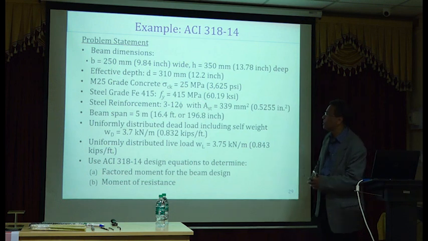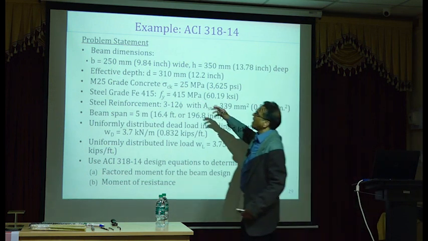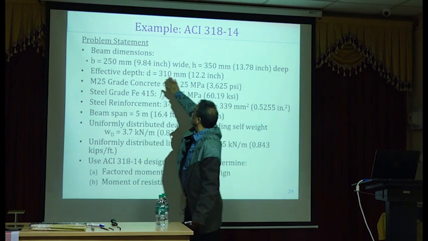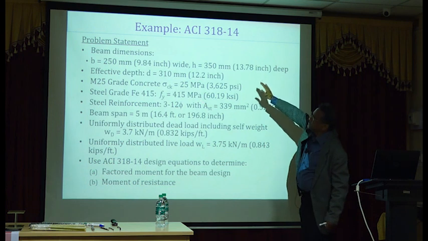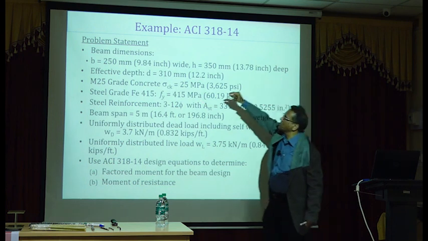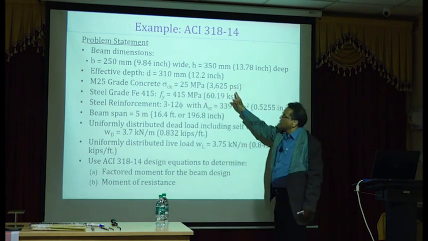Alright, so we'll go over this example again. The data is the same. We have width b is 250 millimeter, h is 350 millimeter, the overall depth, and the effective depth is 310 millimeter.